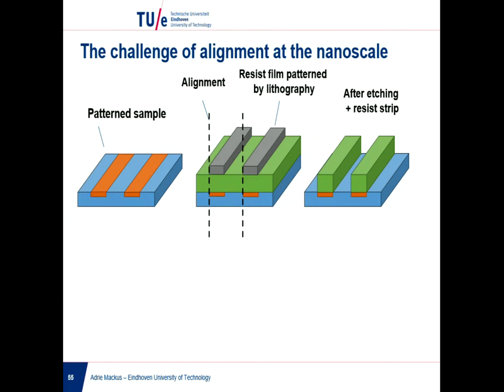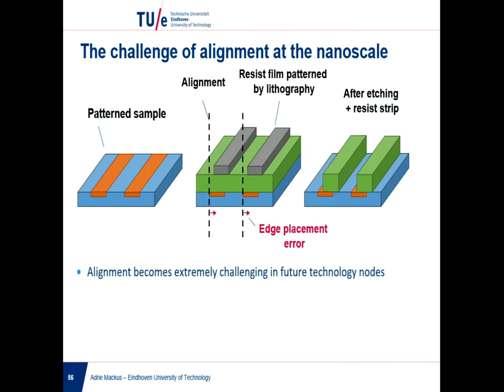Yeah, so we're at the 7 nanometer node, which means that some of the structures in these computer chips should be around that dimension. This is what you typically call the critical dimension. If you want to make a reliable device, the error in the alignment, what people refer to as the edge placement error, can only be about a quarter of this critical dimension. So if you want to make something of 7 nanometer, this is maybe 1.5 nanometers, like 10 atoms wide.